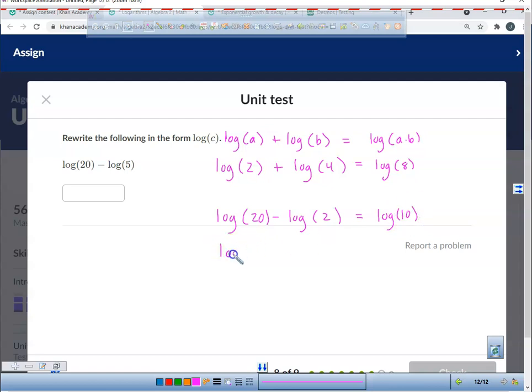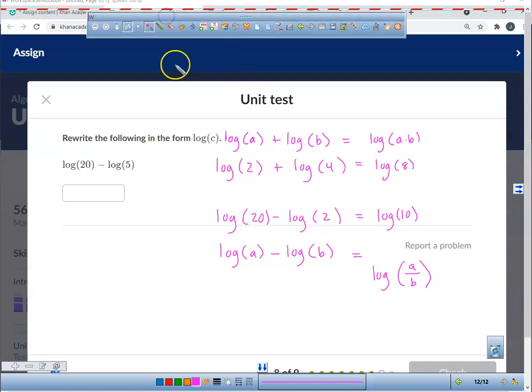Because if I have the log of A minus the log of B, that actually equals the log of A divided by B. There are 3 exponent rules: the product, the quotient, and the power. There are 3 logarithmic rules. This is the product rule, this is the quotient rule, and here's the final rule, the power rule.